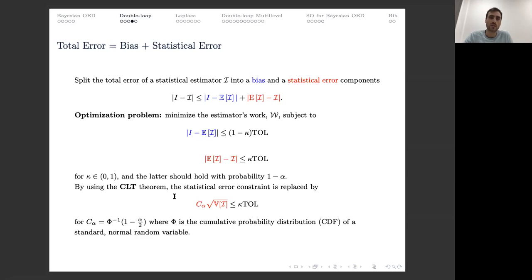And using the CLT, the central limit theorem, we arrive at the last inequality, which is a constraint on the statistical error. Of course, this is satisfied in probability. So we have a confidence parameter here, which is C alpha.